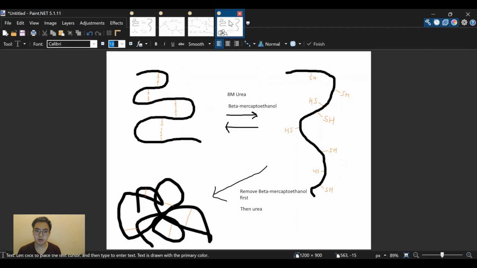Therefore, if you remove beta-mercaptoethanol first, the wrong bonds will form. And then when you remove urea, the rest of the protein will fold and it will fail because the cysteine-cysteine bonds have now caused the wrong structure to form already.